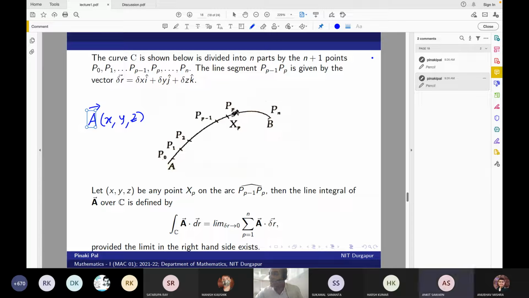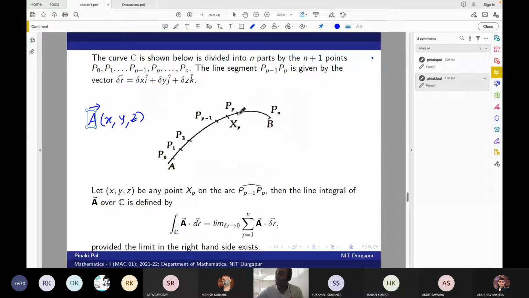Then we are focusing on a general element. Previously we used to divide the closed interval into finite parts by introducing the points x1, x2 up to x(n-1). Along with the terminal points, we divided the interval into n parts.